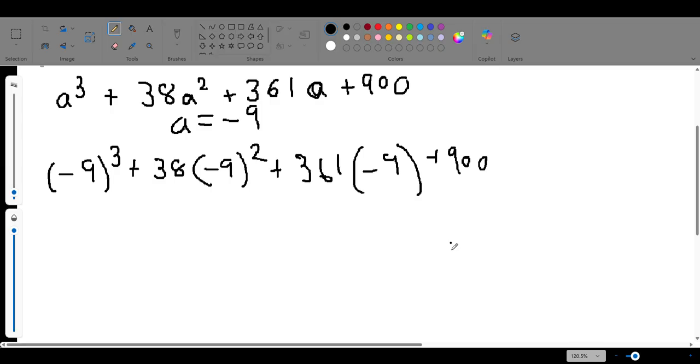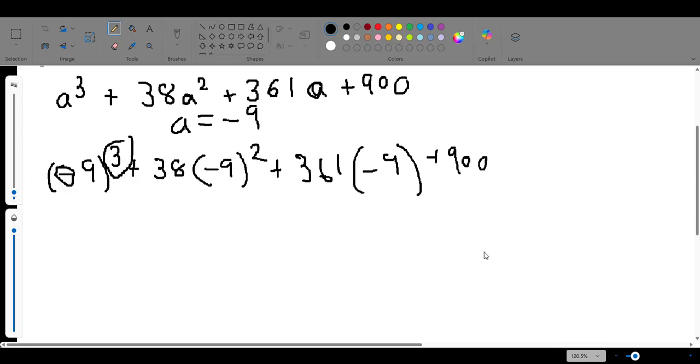Okay, and I can take out my calculator at this point. Since it's -9 cubed, there's a negative sign in front and the exponent is odd, we know for a fact that the answer to the first term is gonna be negative.